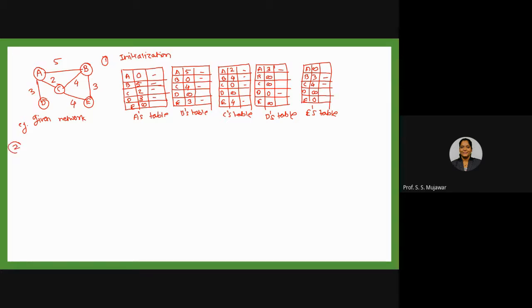Okay, now the second step is sharing. Now what is happening? Neighbors will be sharing their routing tables, okay, we are assuming neighbors.